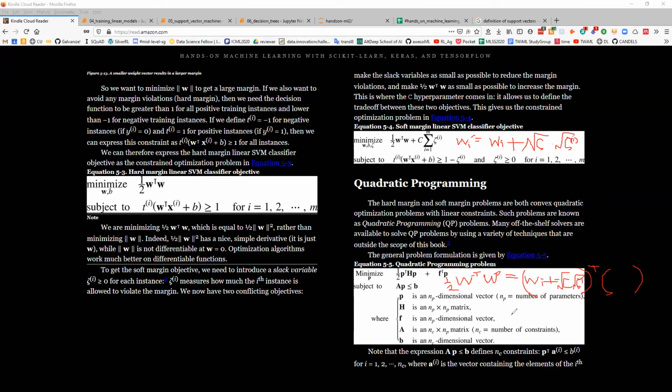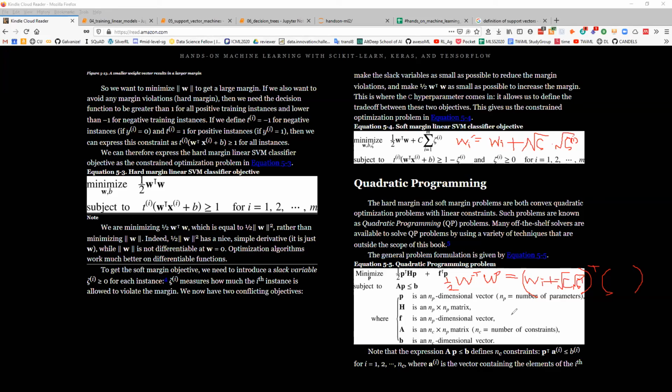So the answer is, let's call the quadratic programming parameters for the hard margin problem H, F, A, and B. And he said, see quadratic programming on page 167. The quadratic programming parameters for the soft margin problem have m additional parameters.